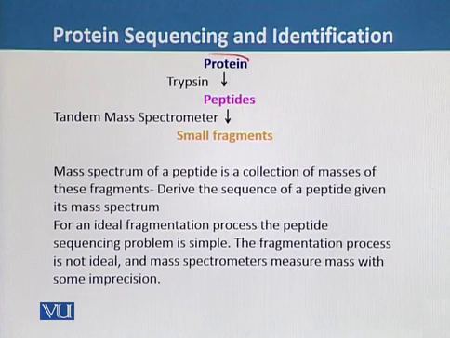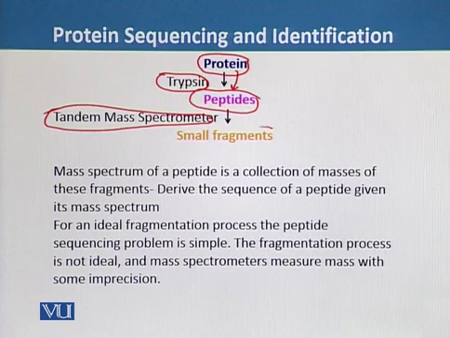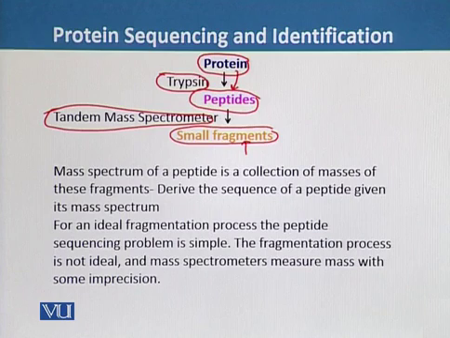For example, if we consider this protein and use the enzyme trypsin, the protein will be converted into small peptides. Then we use these small peptides in another machine known as the tandem mass spectrophotometer, and this machine breaks the peptides into even smaller peptides in a very short time, and measures the mass of each of these small fragments.